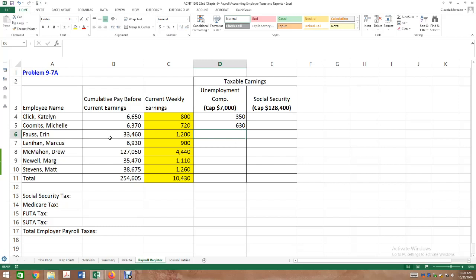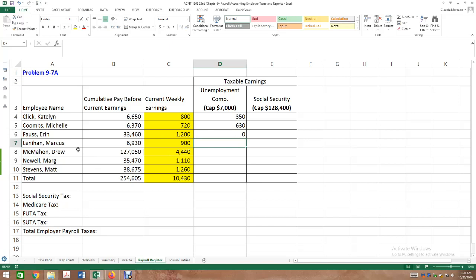Aaron Foss has earned $33,460. This employee has exceeded the cap of $7,000. So for this employee, we're not going to pay any unemployment compensation, because they've exceeded the cap of $7,000.